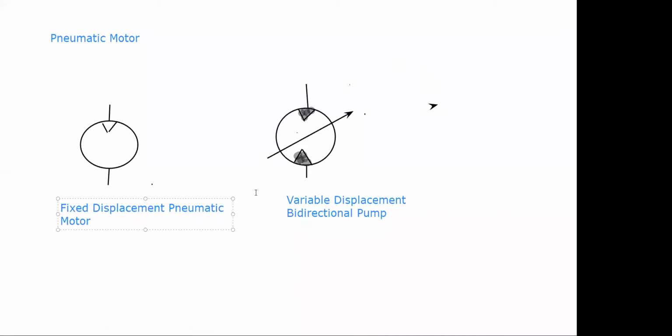Again, if we see the fixed displacement bidirectional, then only this part needs to be removed. Only in the case of a pump, we need to draw the motor here.